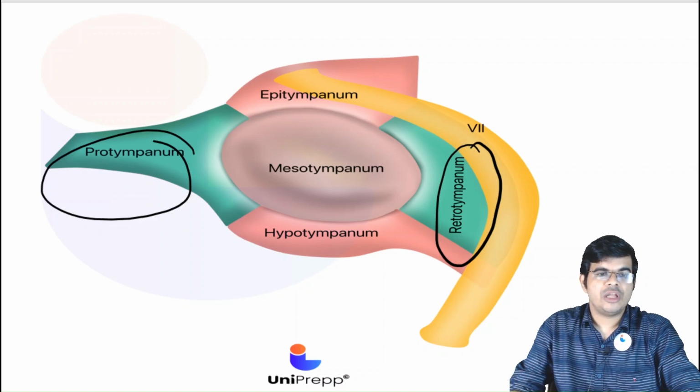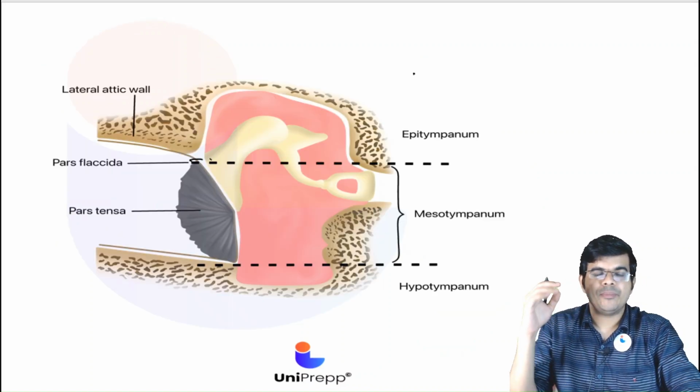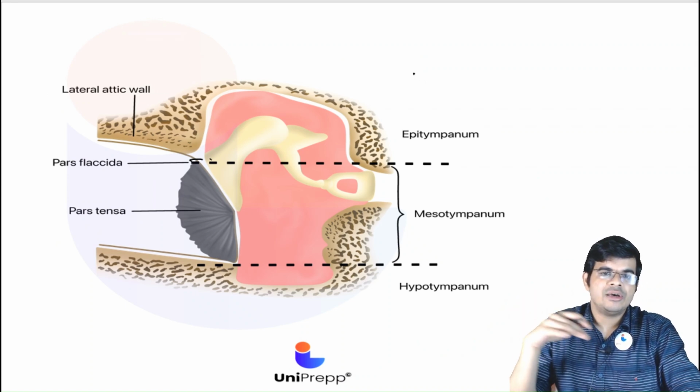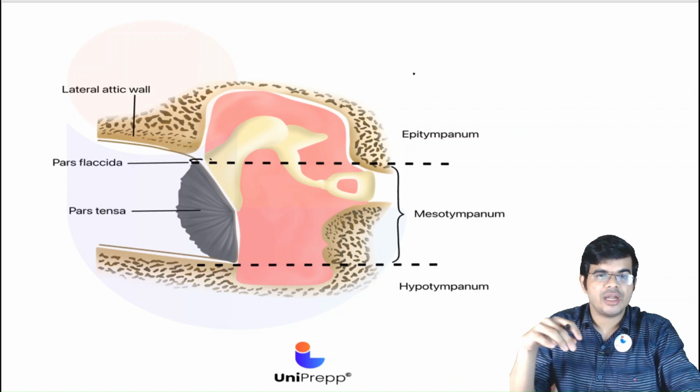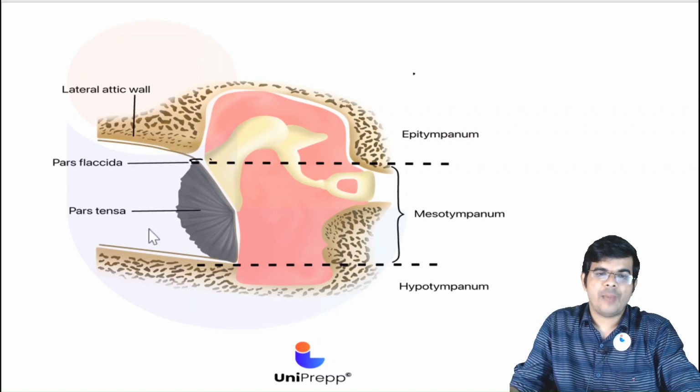Now, how are the epitympanum and mesotympanum divided? The mesotympanum has boundaries at the upper and lower part of the pars tensa of the tympanic membrane. Above the pars tensa you have the epitympanum, and below the pars tensa you have the hypotympanum.